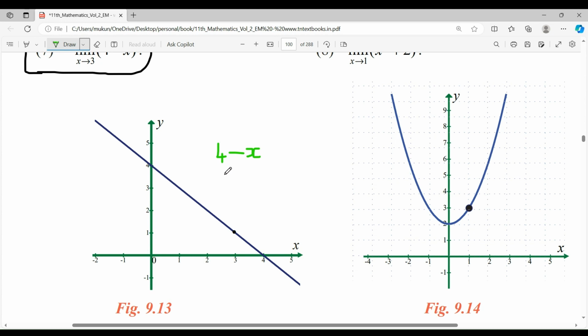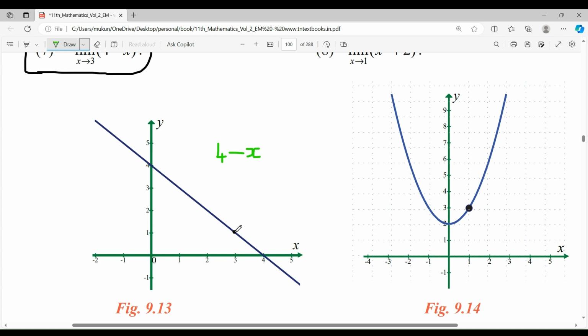The way to do this is quite simple. When you observe the graph very closely, you see a dark dot at the point 3, which is where we've been asked to find the limit. And this graph includes the point 3, because it's a closed dark circle, right?